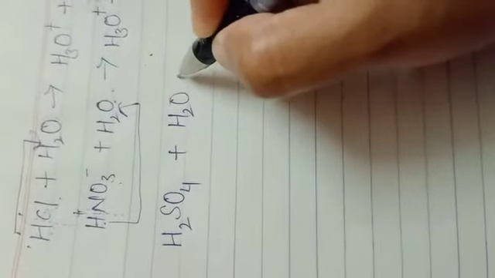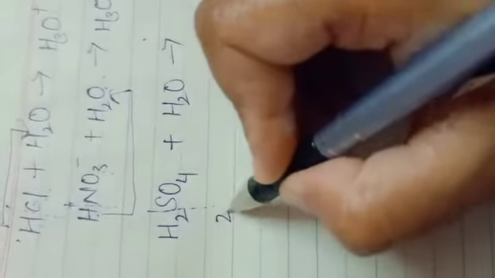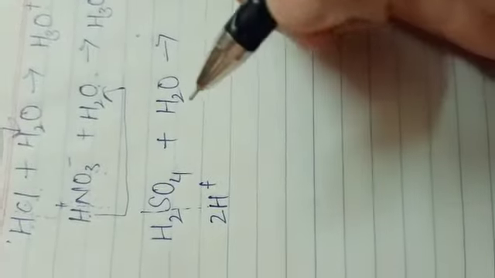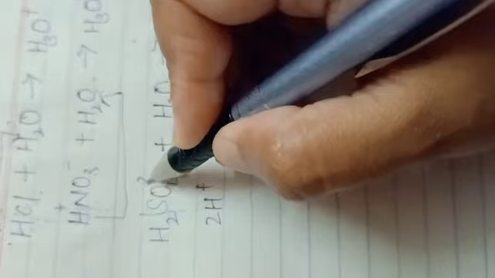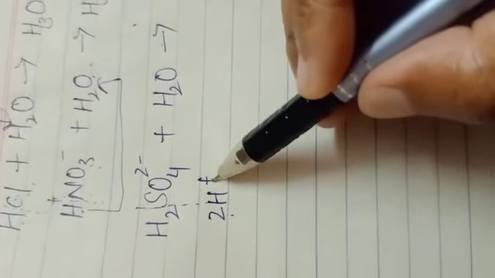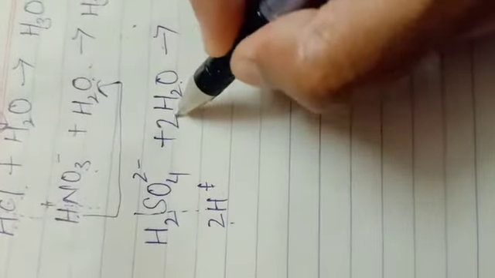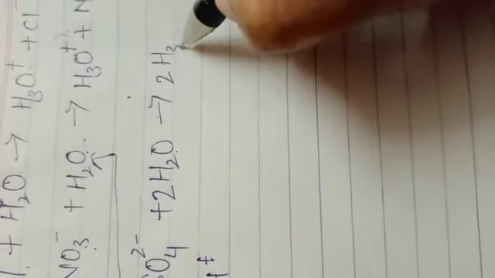Sulfuric acid contains two hydrogen ions, so it will produce two hydrogen ions and sulfate SO4 2 negative. So two hydrogen ions will combine with two molecules of water and will form two hydronium ions plus sulfate ion.